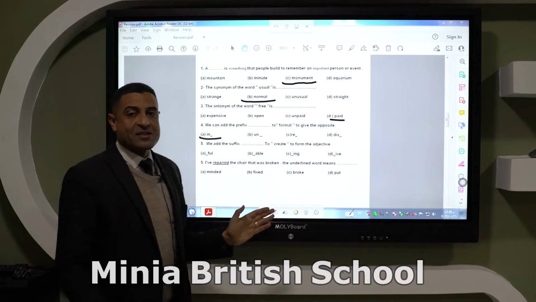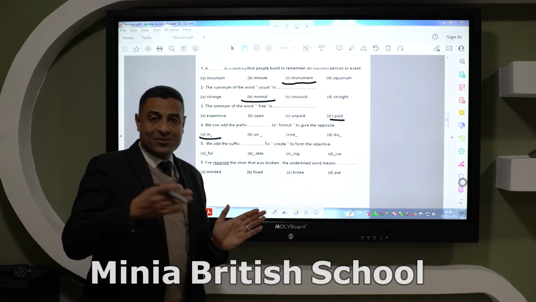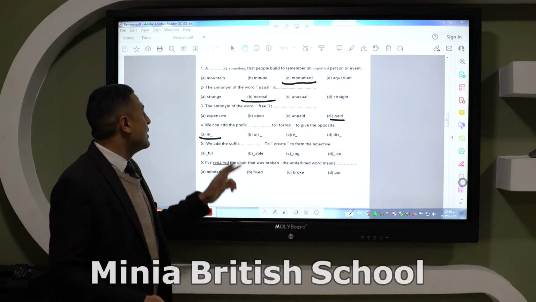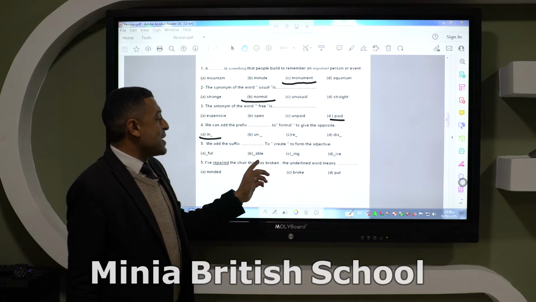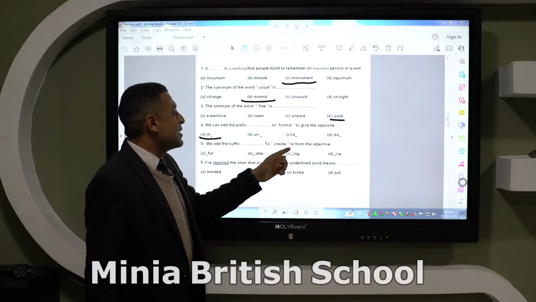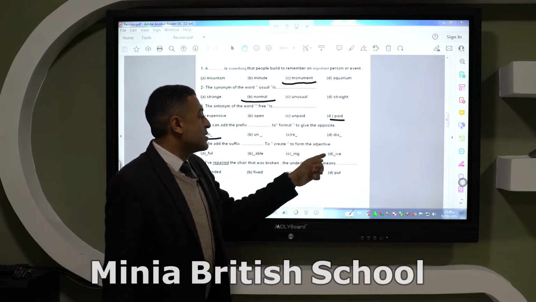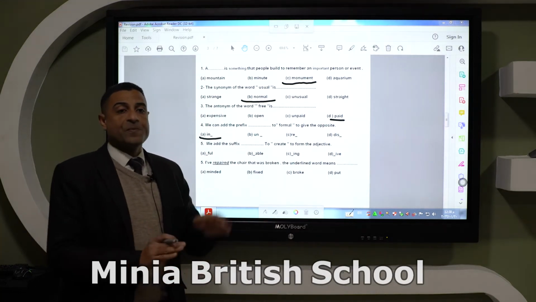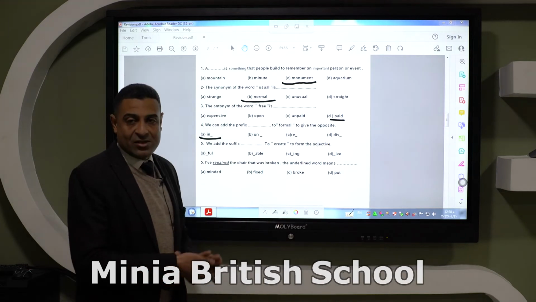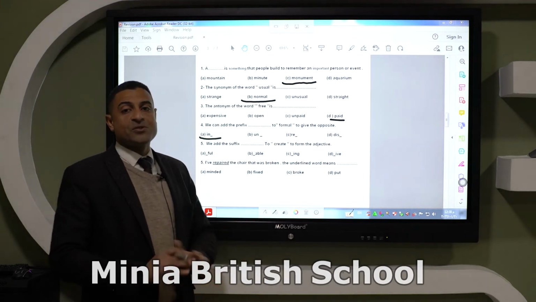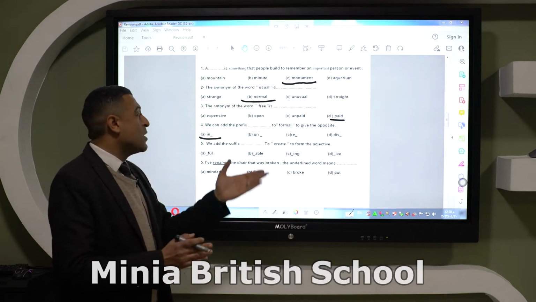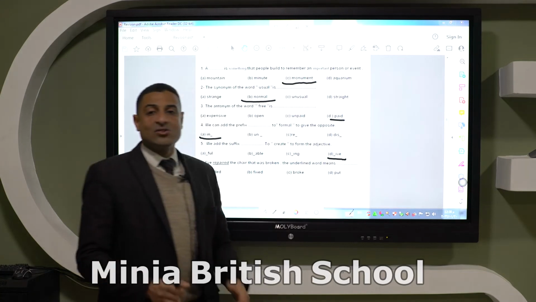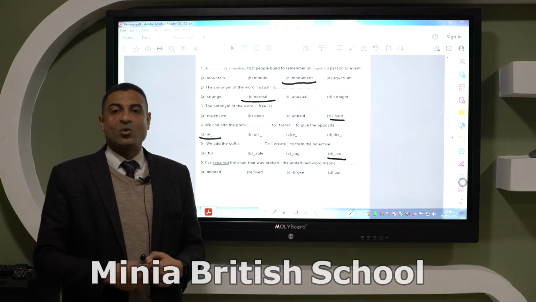And suffixes are some letters that I can add at the end of the word. We add the suffix blank to create to form the adjective. Create is a verb, so I need to make it an adjective. Which letters can I use to do this? I have to use IVE. So the word is creative.